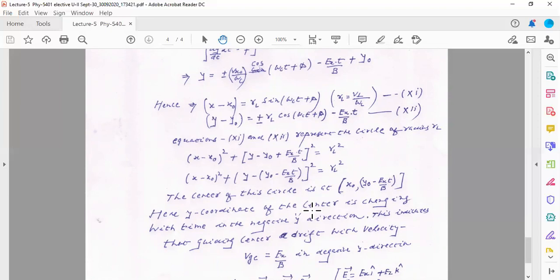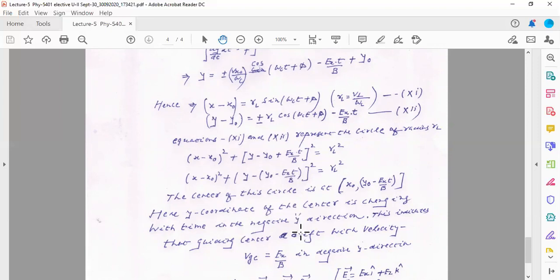When there is no electric field, the coordinate is x0 and y0. But the moment you apply the electric field, the x coordinate is x0, but the y coordinate is y0 minus Ex t over B. So you see your y coordinate is changing with respect to t, in the negative y direction, because it is y0 minus Ex t over B.